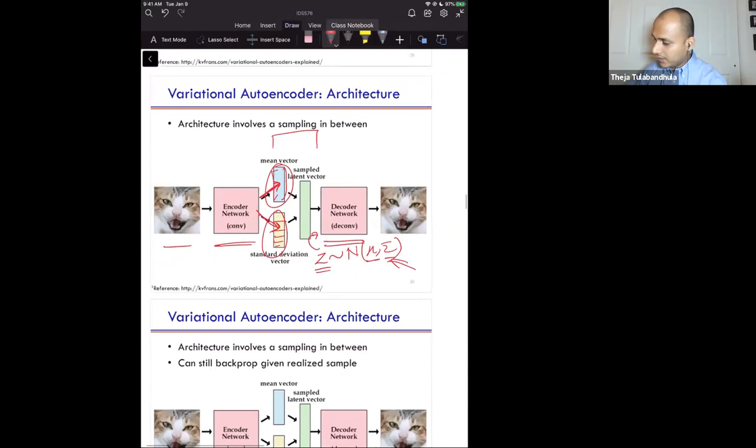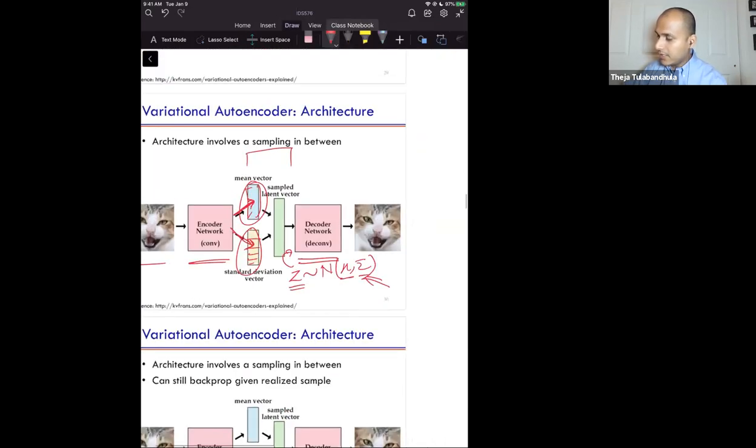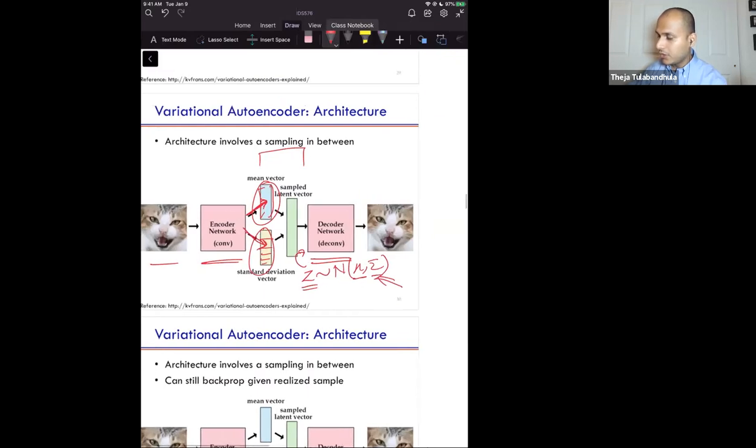And actually, I don't show it here, but I'm also going to change the output. I produce a sample Z and pass it through the decoder, and I get an image. In fact, what I'm going to do is change the output also to produce a mean vector and a covariance vector, or standard deviation vector.